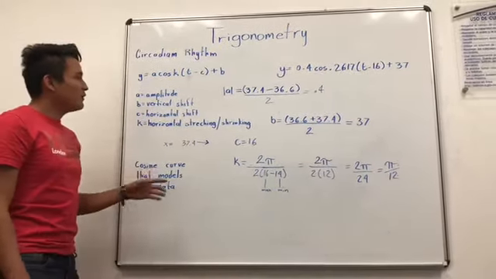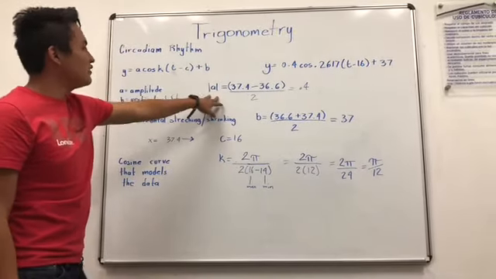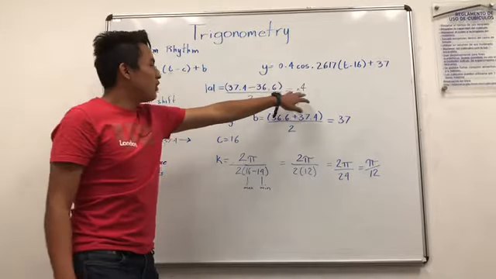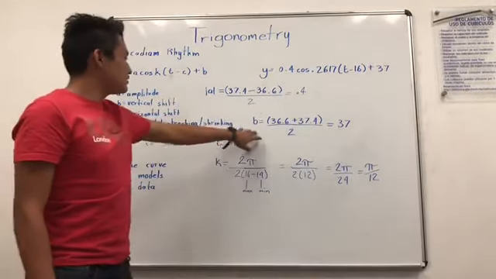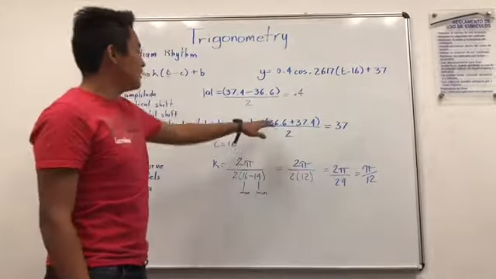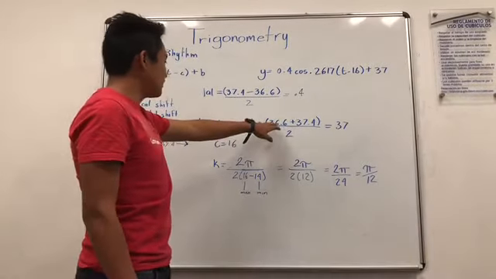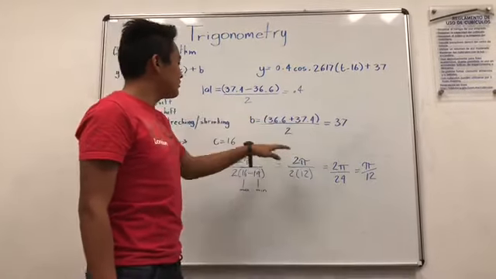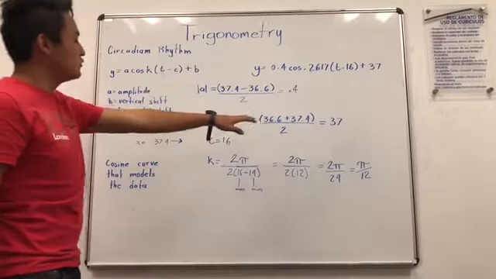With the data, we find that the amplitude is 0.4, the vertical shift is 37, that we obtain from the sum of the minimum and the maximum value divided by 2.